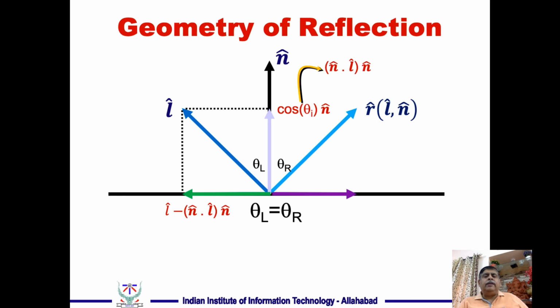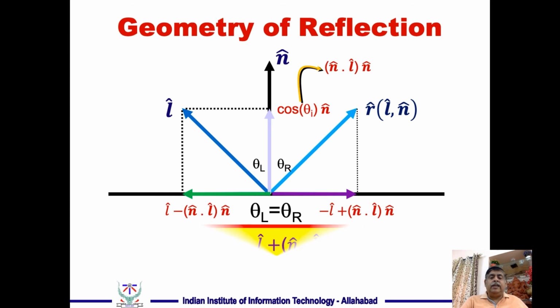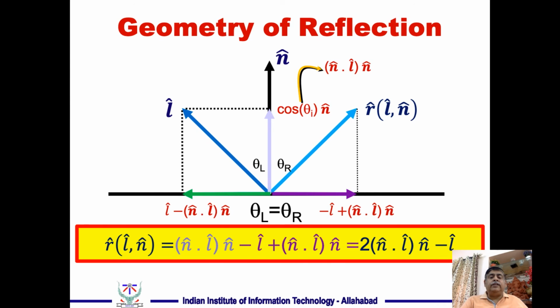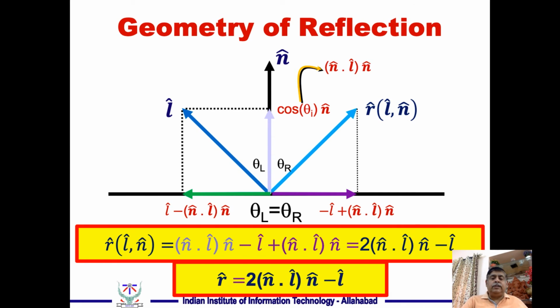Similarly, we can determine the other component of the L vector by subtracting the component in the direction of the normal. In the same way, we have computed R, the reflected coefficient, which is given by this equation, simplified to this equation.